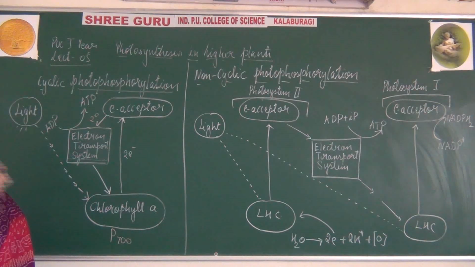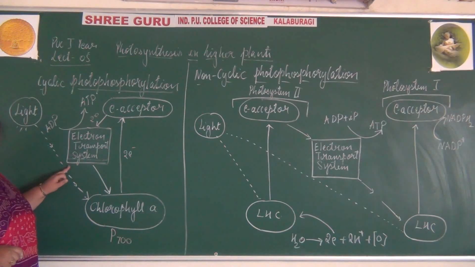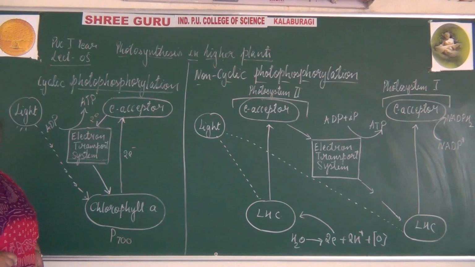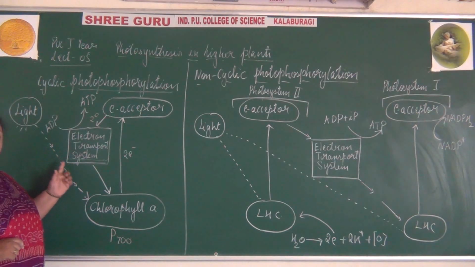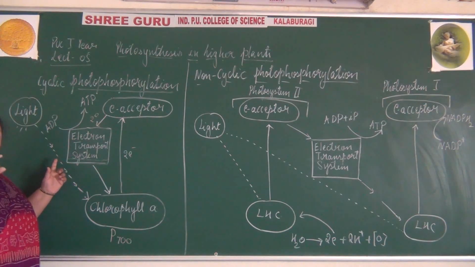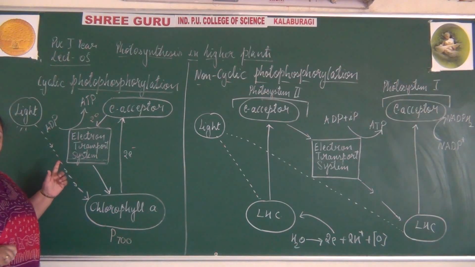A number of ion channels are present in the electron transport system, which you will learn about in the respiration part, as the electrons reach the electron transport system, there is movement of electrons from one molecule to another molecule.